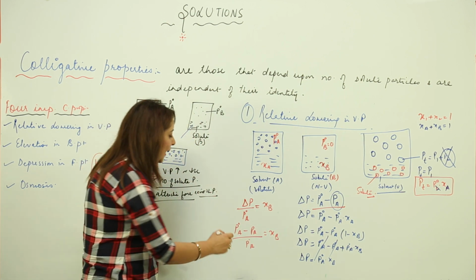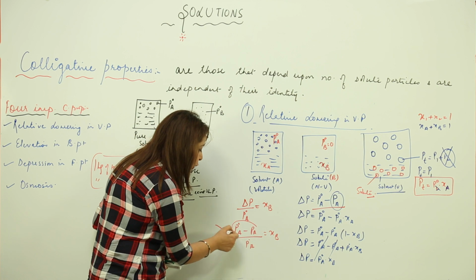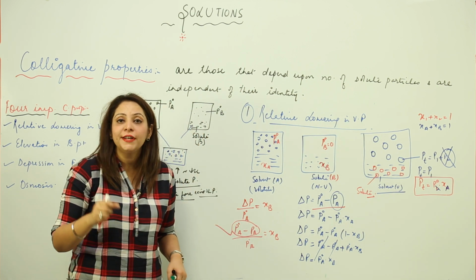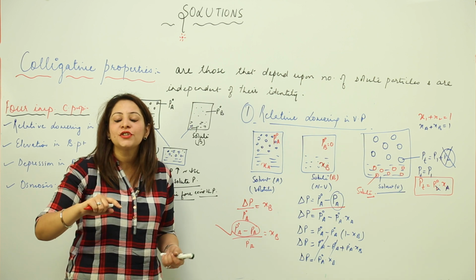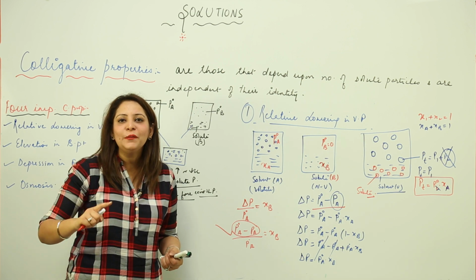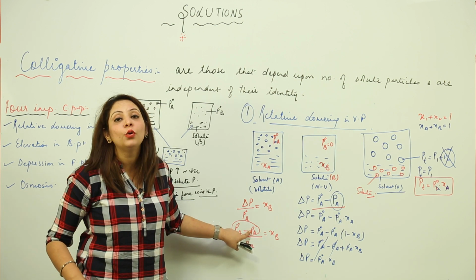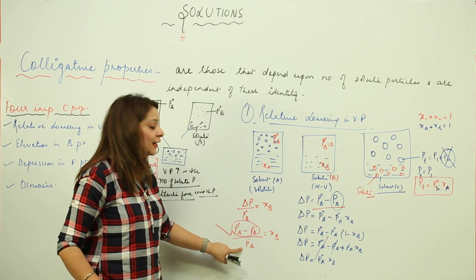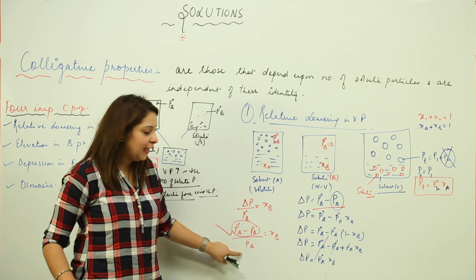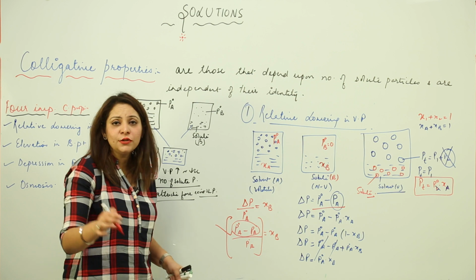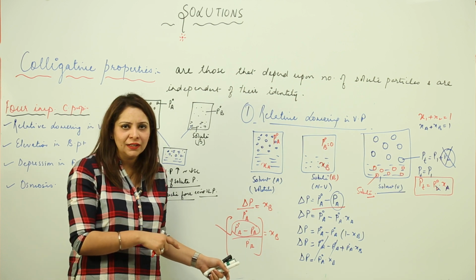This expression is the lowering in vapor pressure, because the vapor pressure of the pure solvent is more, and the vapor pressure it exerts in solution form is less. When I take the ratio with P naught A, it becomes the relative lowering in vapor pressure.